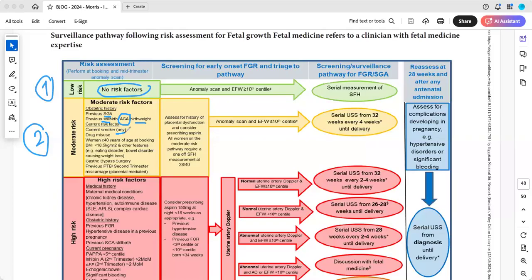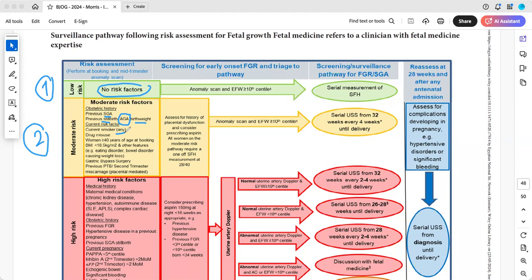Okay. Drug misuse. Age 40 or more. BMI less than 18.5, and other features like eating disorders or bowel disorder causing weight loss. So not only the BMI, it's also with other features. Gastric bypass surgery.